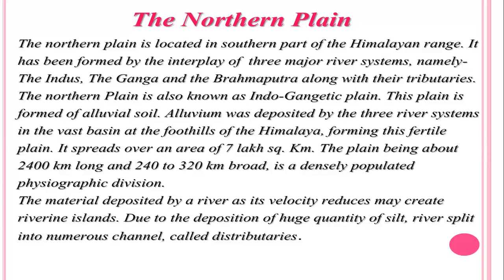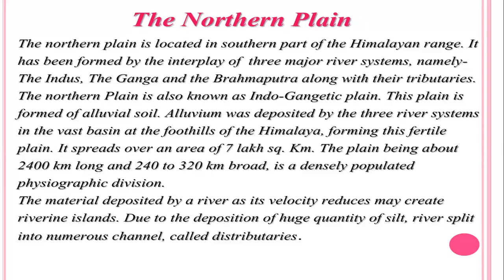The northern plain is located in the southern part of the Himalayan range. It has been formed by the interplay of three major river systems, the Indus, the Ganga, and the Brahmaputra, all with their tributaries. The northern plain is also known as the Indo-Gangetic Plain.